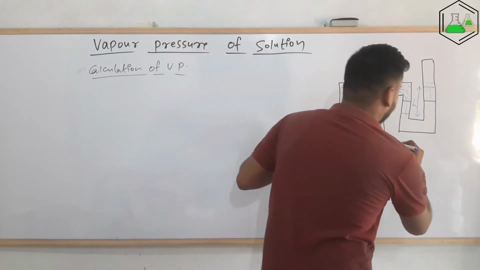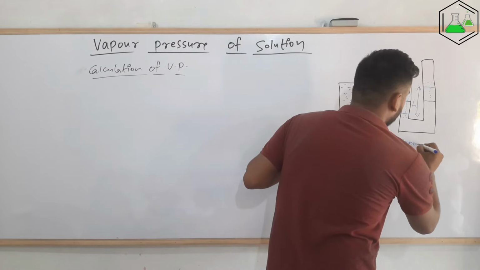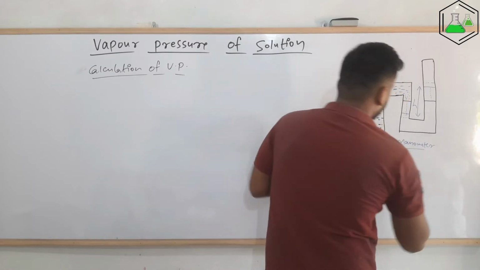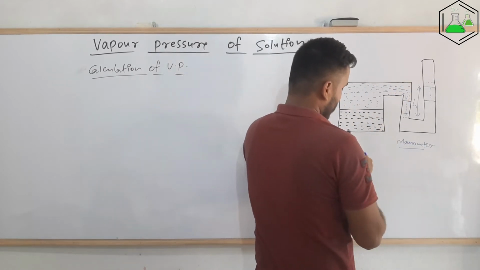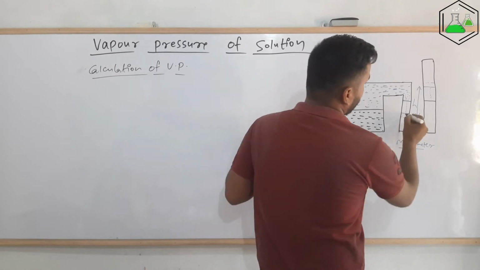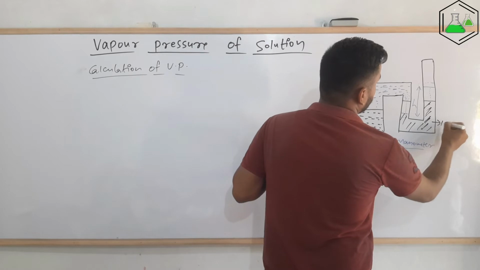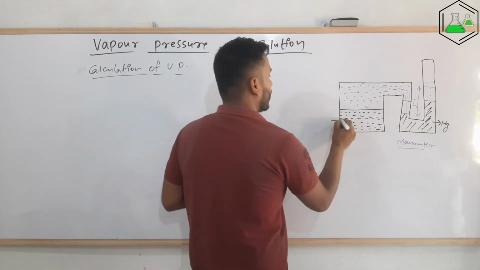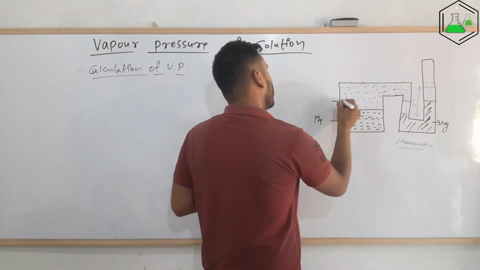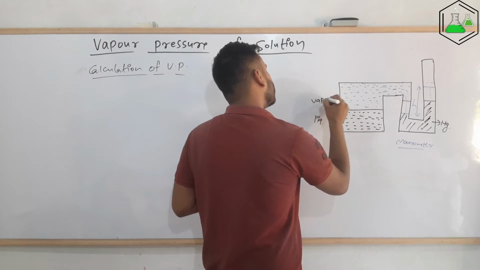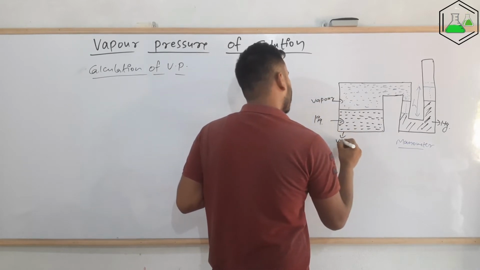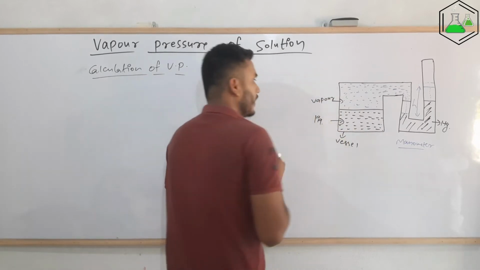This is called a manometer. There is mercury over here. This is mercury, okay? And here this is liquid, this is vapor, and this is the vessel in which the liquid is kept.